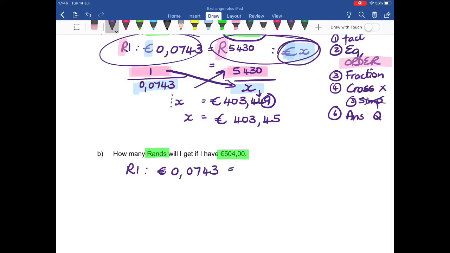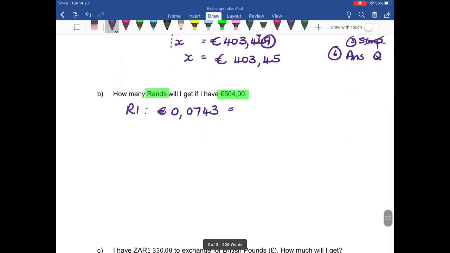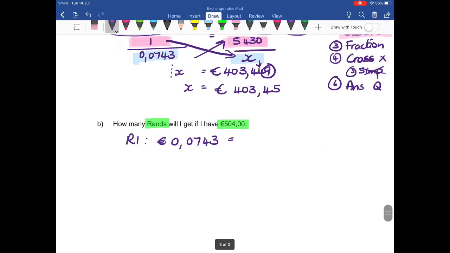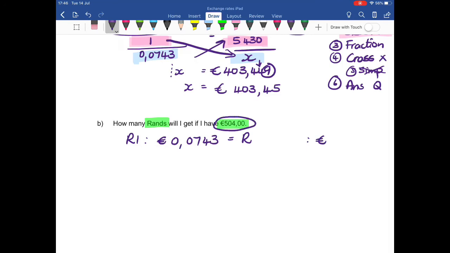Your fact equals, now remember, rands are first. So I've got to write rands to euros. Now, if I have a look here, this time I've got euros, so it's going to be filled in there, 504. I'm going to leave out the zeros, and I'm looking for X rand. So I've set up my equation.